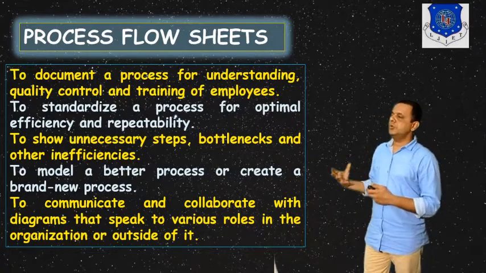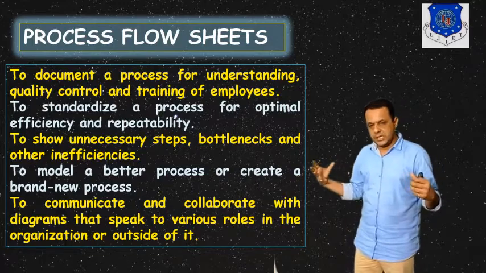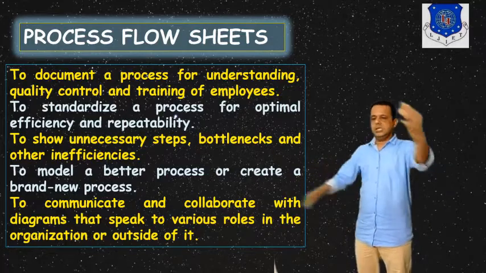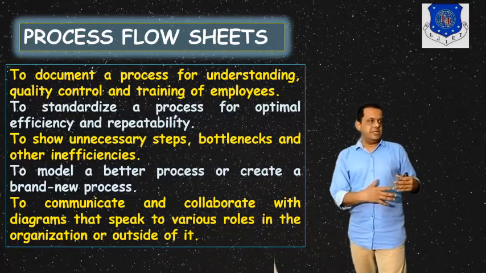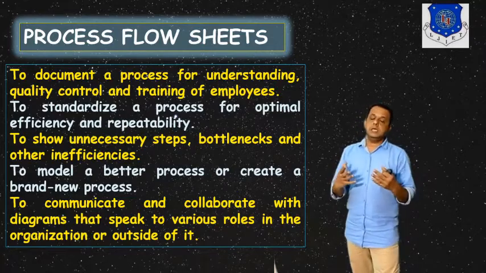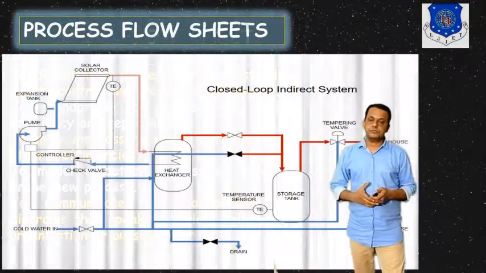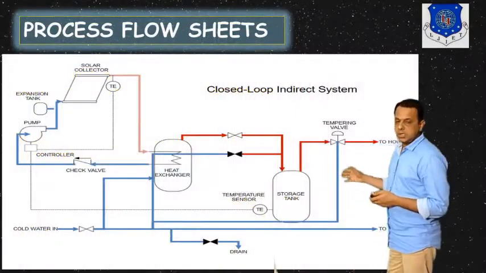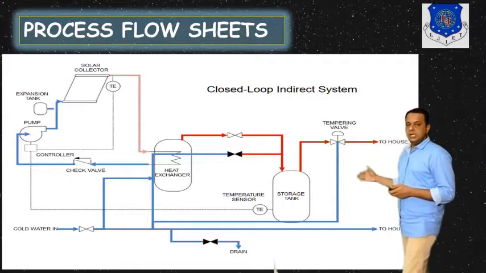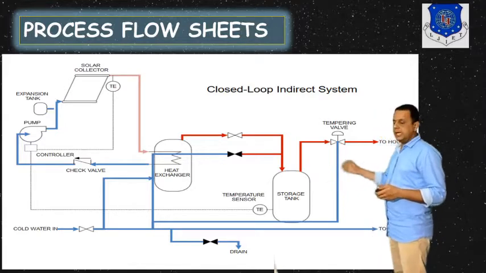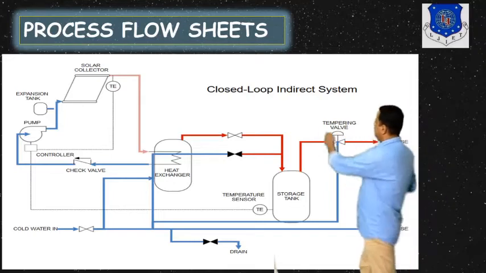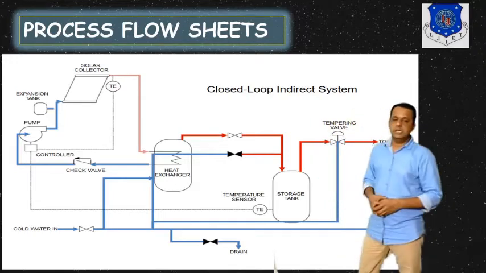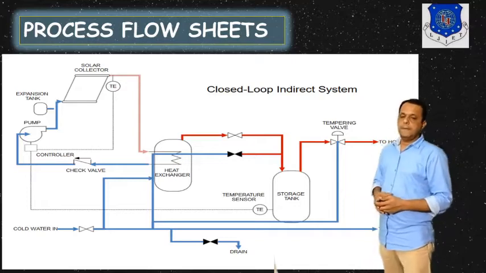And it is useful to communicate and collaborate among the different diagrams, where we can establish certain roles in the organization. Here is another closed loop indirect system I am showing, where the storage tank and heat exchanger are there, and the solar collector and everything is shown here.